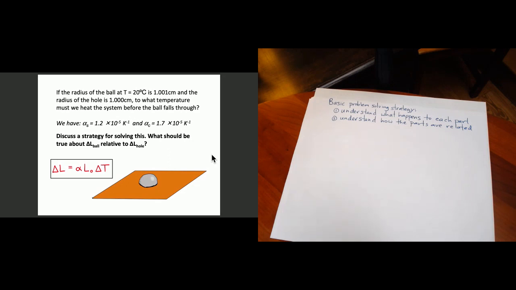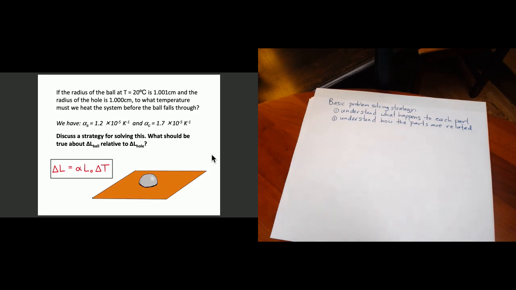So that's sort of step 1. Step 2 would be to understand, based on the description of the question, how quantities that apply to the individual parts are related to each other. What needs to be true in the specific situation that you're being asked about?